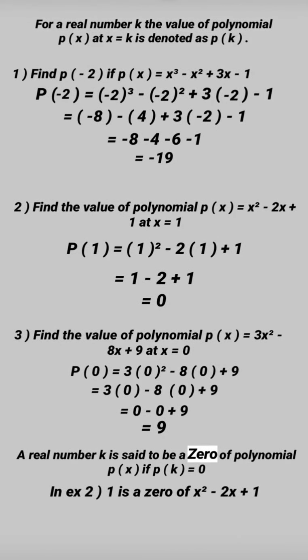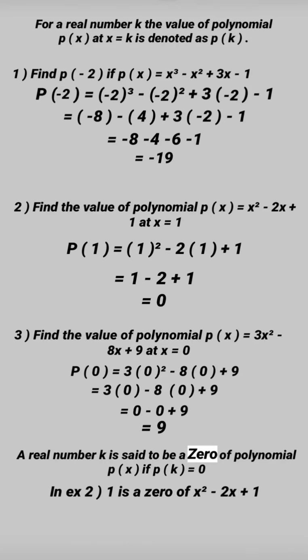In example 2, we can see that p(1) is equal to 0. That is, the value of the polynomial x² - 2x + 1 at x = 1 is equal to 0. Therefore, we can say that 1 is a zero of the polynomial x² - 2x + 1.